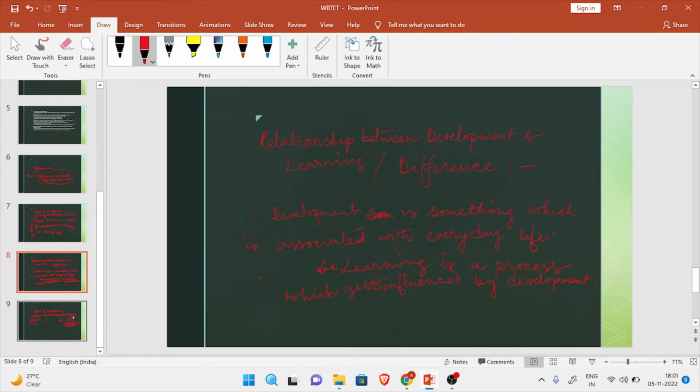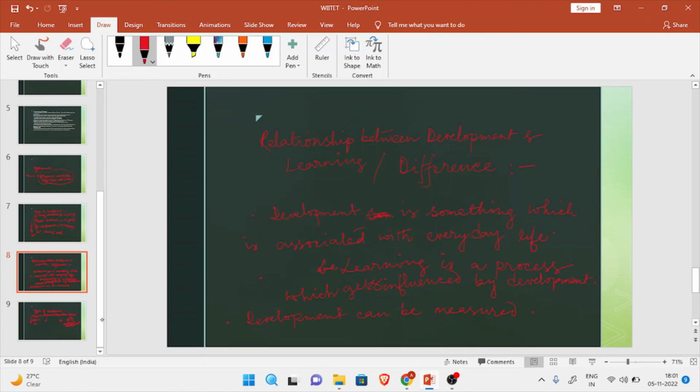And one more thing, the difference is development can be measured. You can measure development, but you cannot measure learning. You can only assess learning.